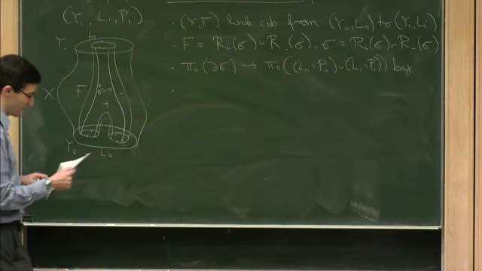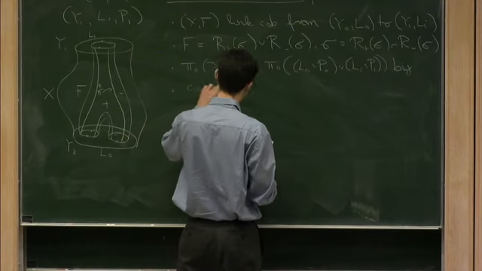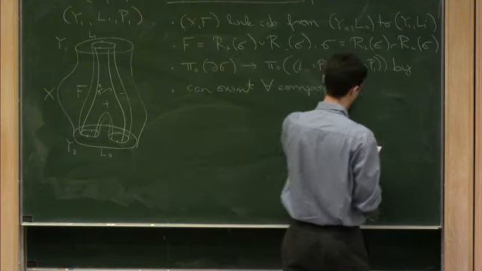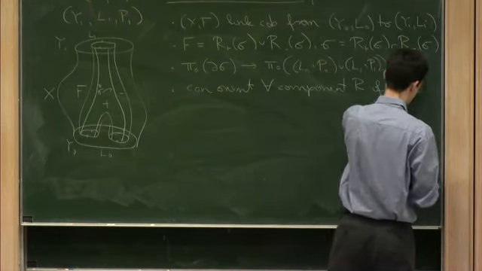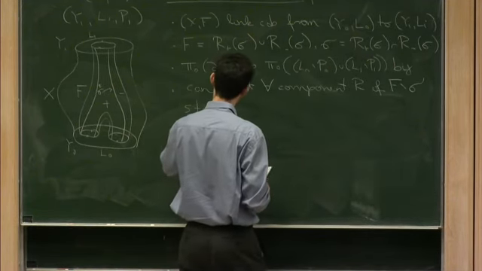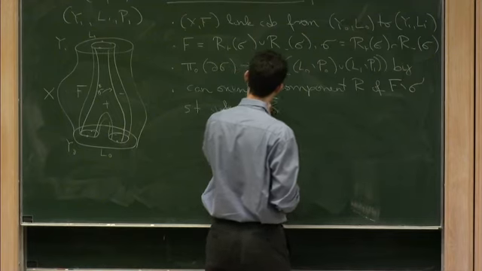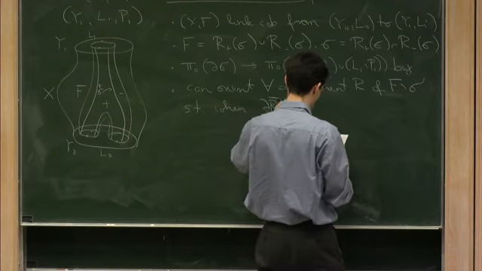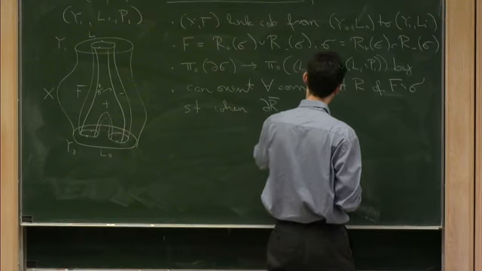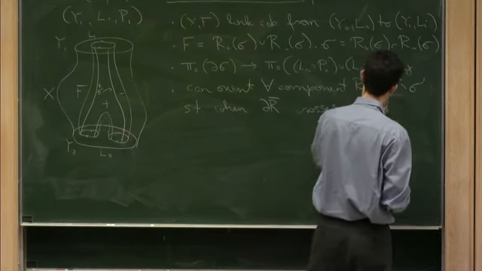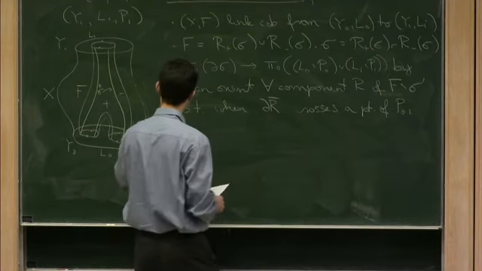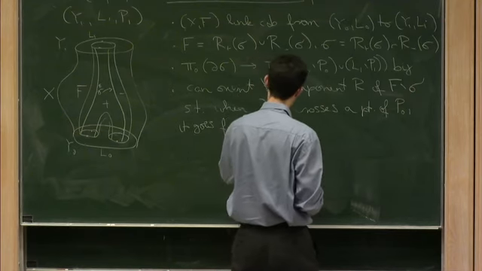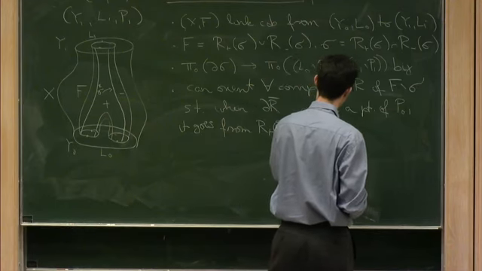And there is an orientation condition, so we can orient every component of F minus sigma such that when I look at the boundary of the closure of this component, say this component, when this crosses a point of P0, then it goes from R plus of P0 to R minus of P0.